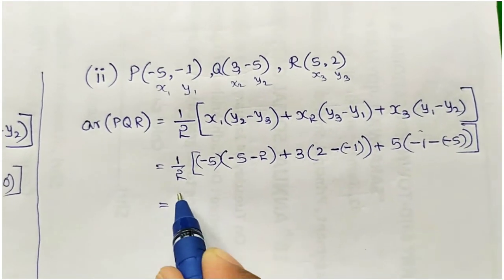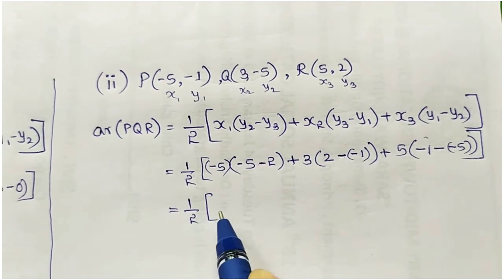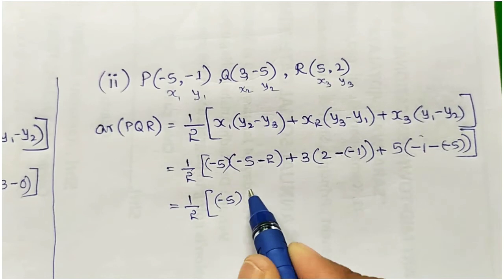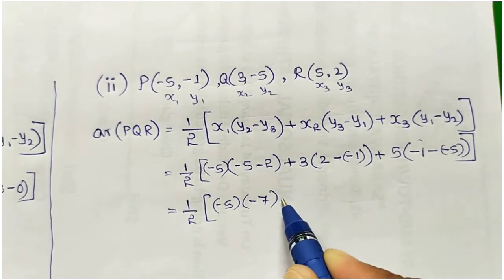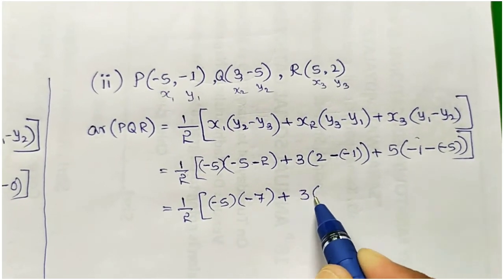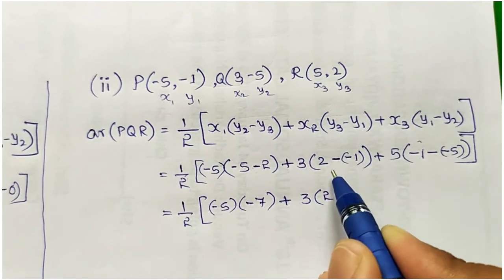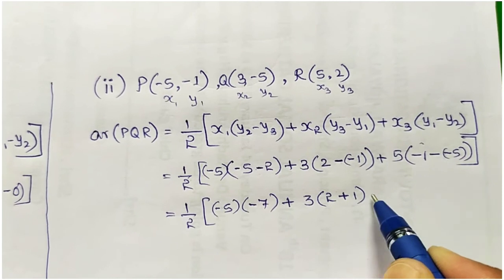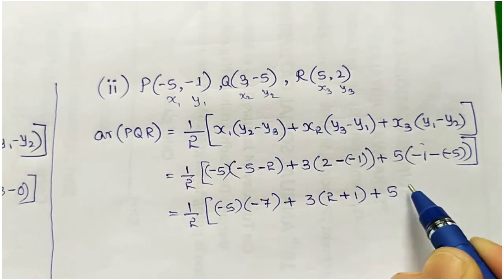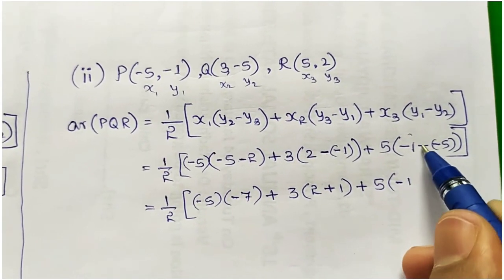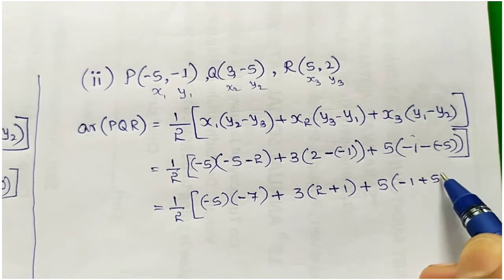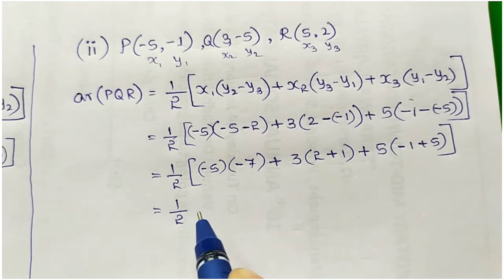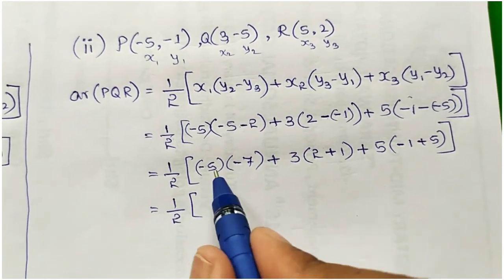Now 1 by 2 into minus 5 into (minus 5 minus 2), we get minus 7, plus 3 into 2 minus into minus plus 1, plus 5 of minus 1 minus into minus plus 5. Again a few brackets are still there, open them.